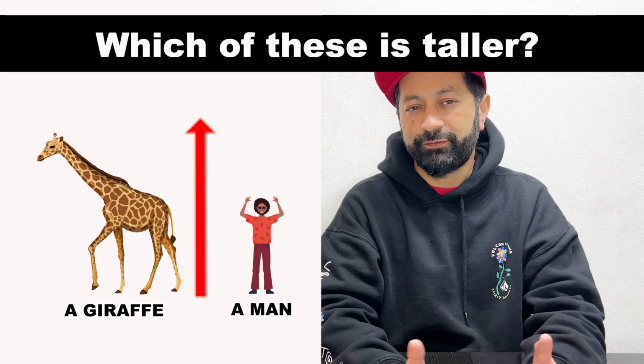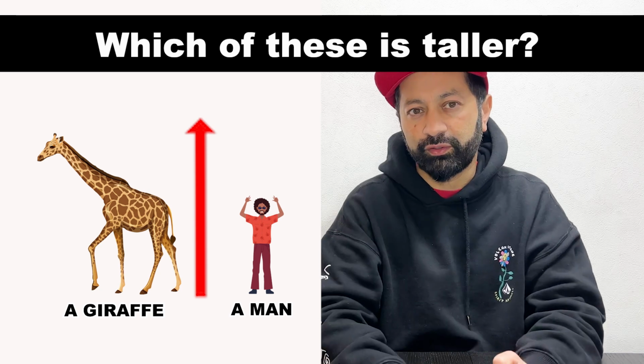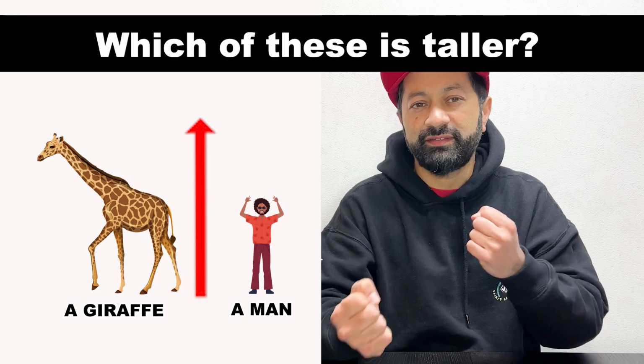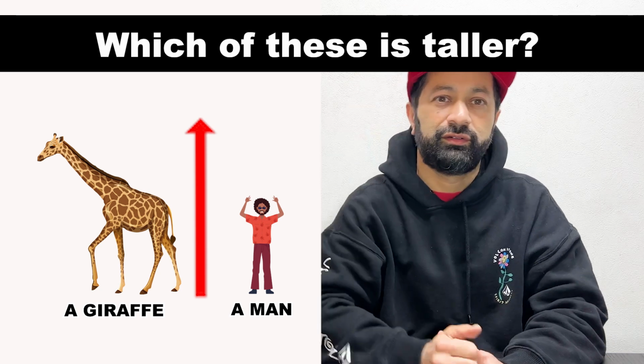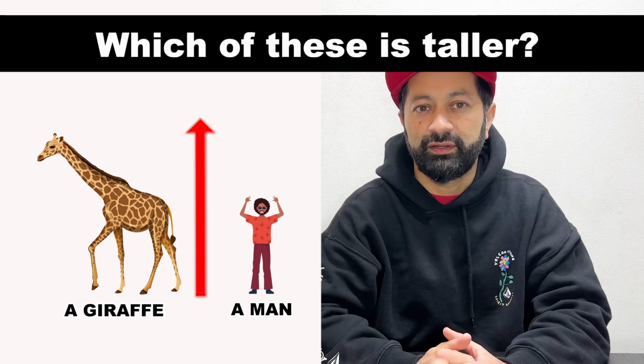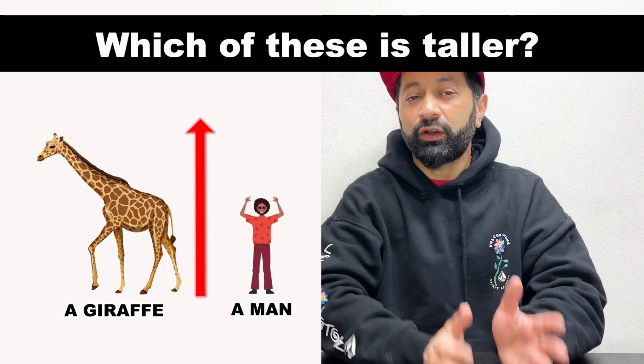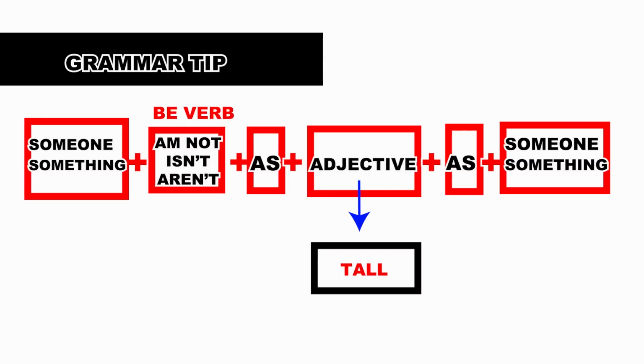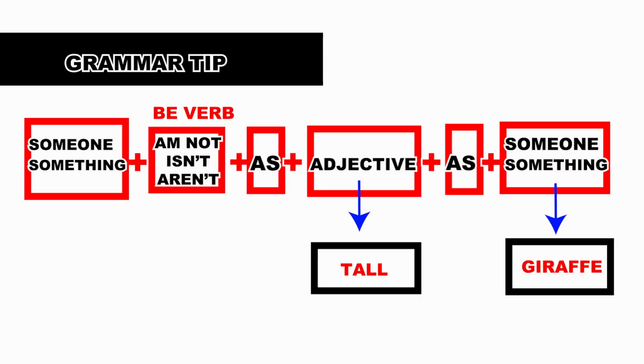Now, if we are using the adjective tall, which of these is taller? Okay, the giraffe is taller. Okay, so we are going to put the giraffe at the end of the sentence. That means we put the man at the beginning of the sentence.